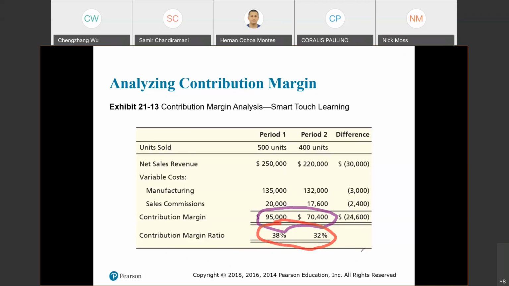But if it is just the sales units decreasing from one period to another, the contribution margin ratio should stay the same. But in this case, the contribution margin ratio also decreases. So we will do more analysis to see why the contribution margin ratio also decreases.